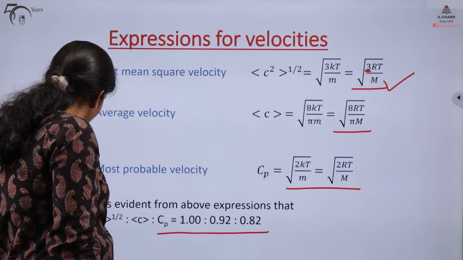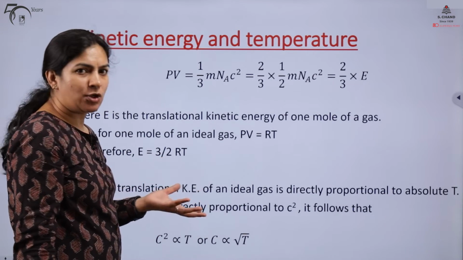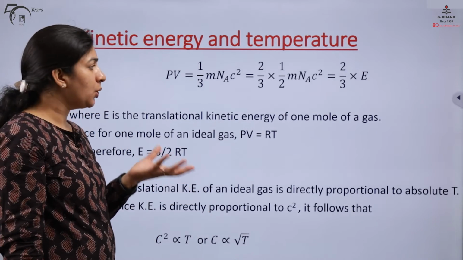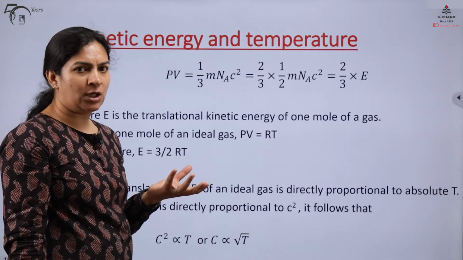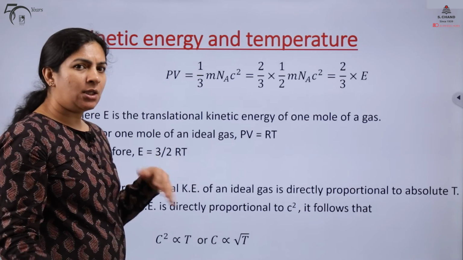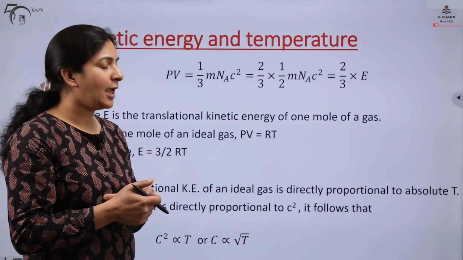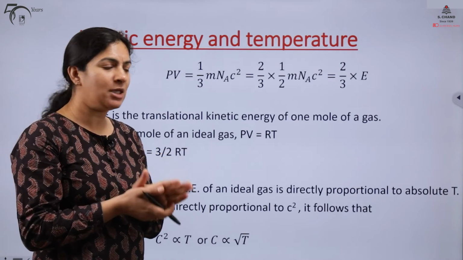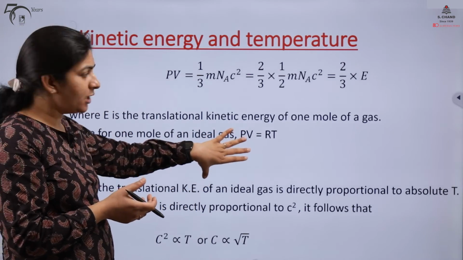Now coming down to the final, the most useful expression or relationship between the velocity and the temperature, because we have learned a lot about the molecular velocities, a lot about the kinetic energy, and time and again I have repeated the importance or significance of temperature.